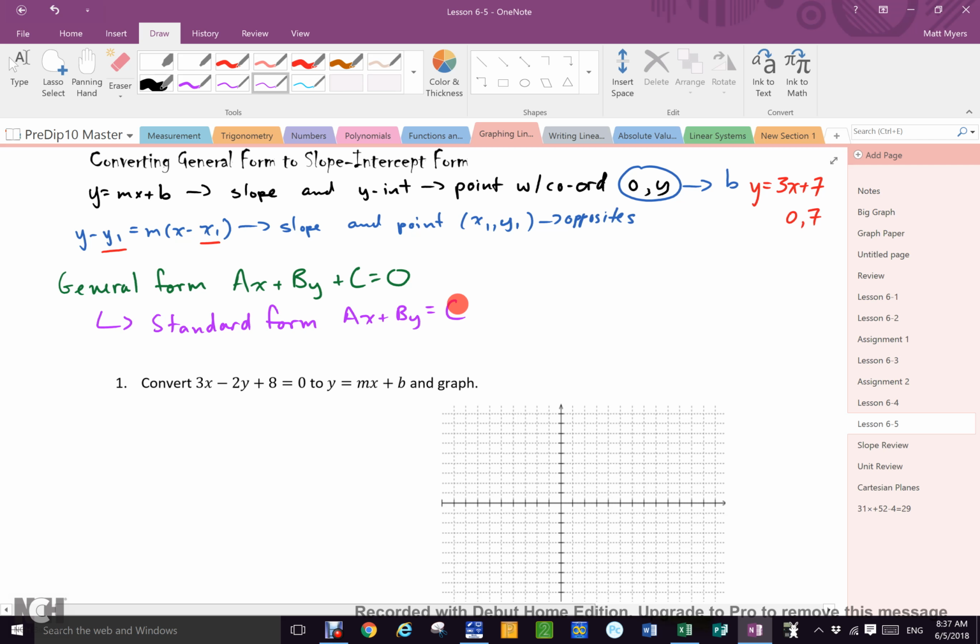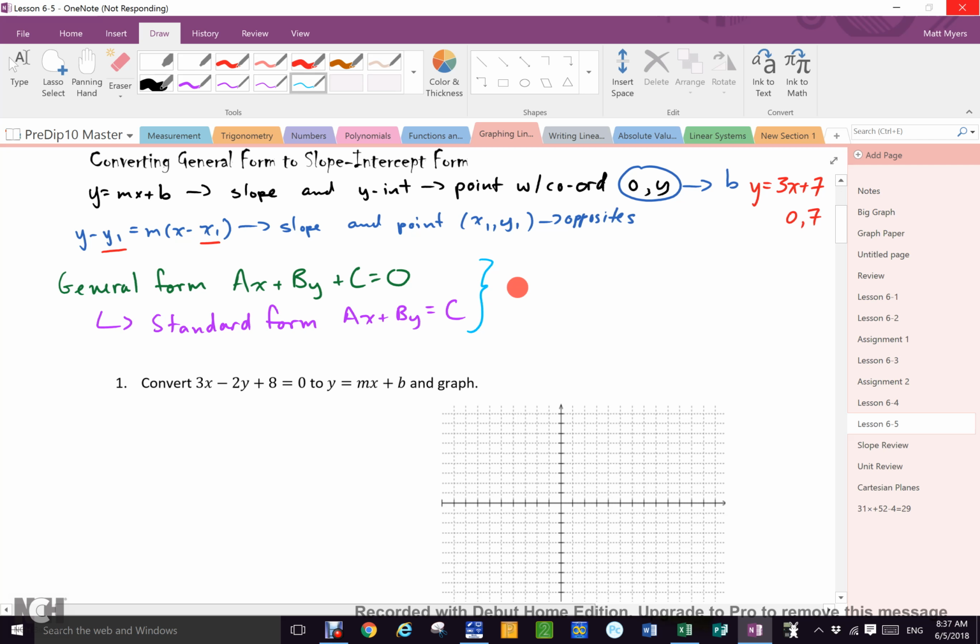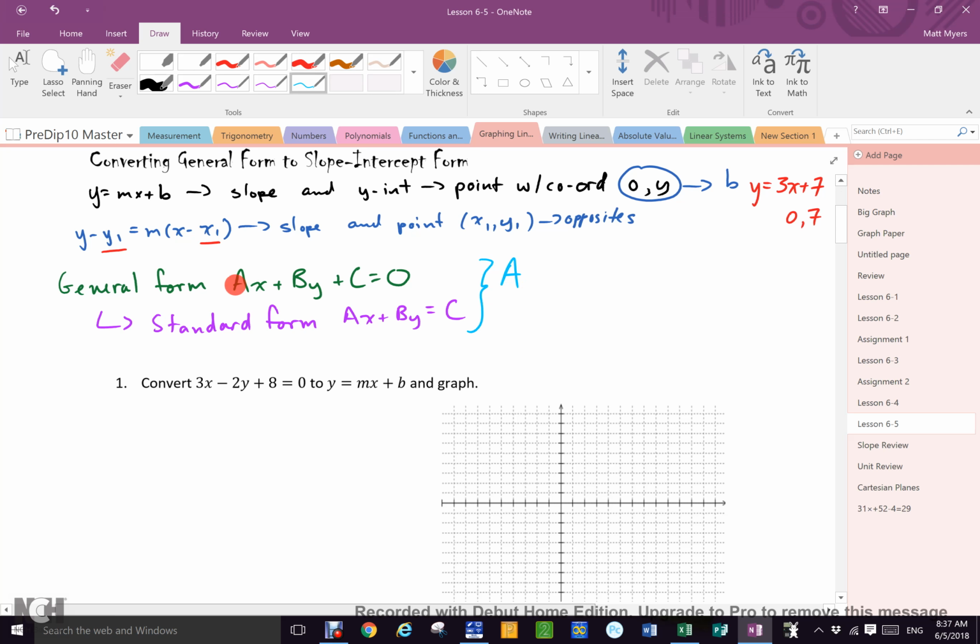Now there's some rules to this. In general and standard form, a, the coefficient that goes with x, which sometimes is the slope, isn't it? But is it the slope here? No, if it was the slope here, what letter would it be? M, but it's not M, it's A. So A has some rules about it.